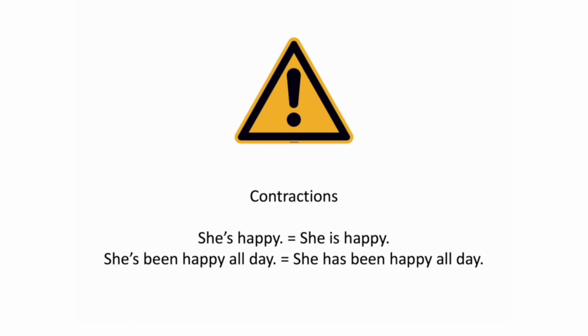You can tell the difference between the present simple and present perfect because the present perfect uses the past participle after the auxiliary. She's happy does not have a past participle, therefore it's the present simple.